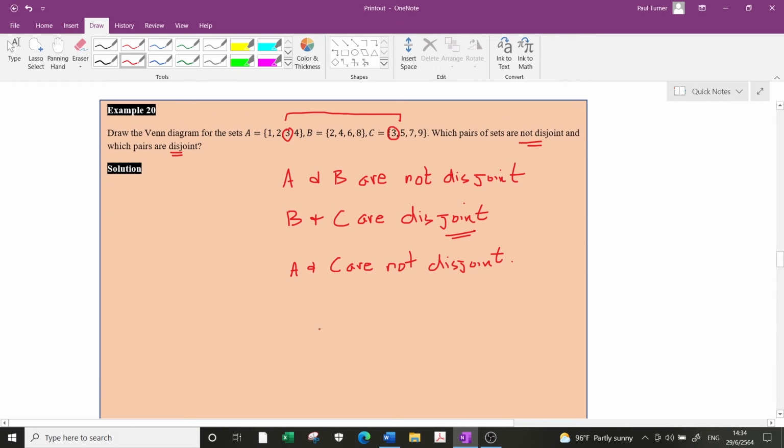So think about what that picture would look like. So A and B are touching. Let's draw A and B. A has 1, 2, 3, 4. So we've got 2 and 4 here in the overlap. A has 1 and 3.